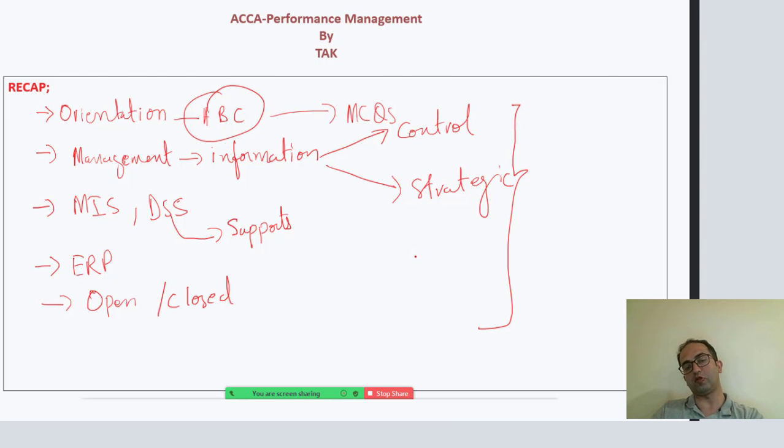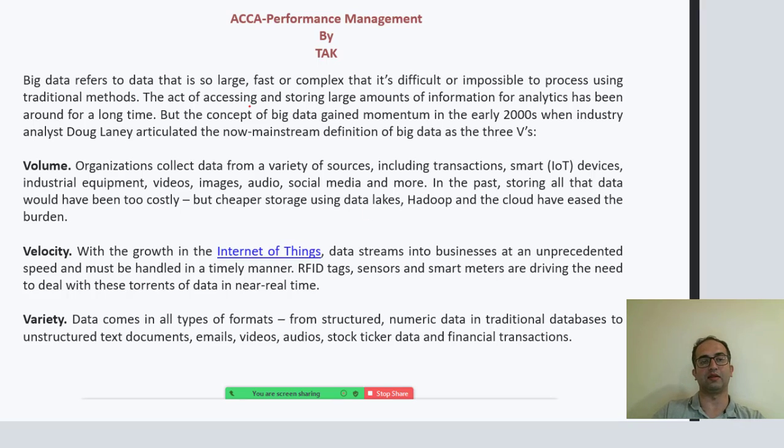So let's move on to the new area, that is big data. As the name implies, big data is like the cool word for the new era. The word is telling itself that the data is so large.